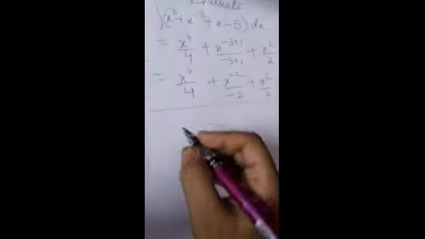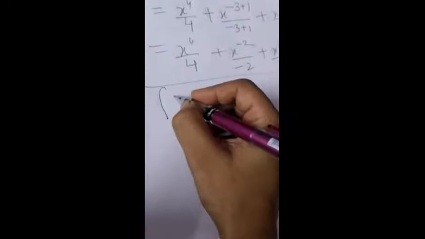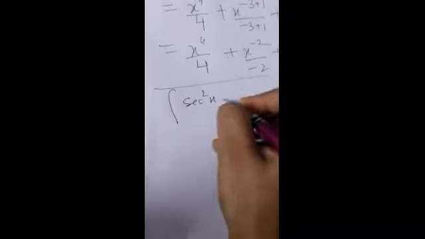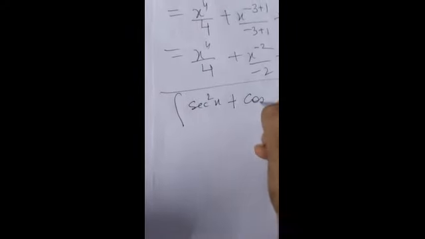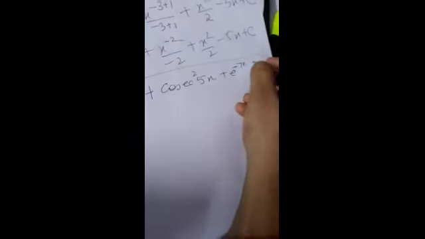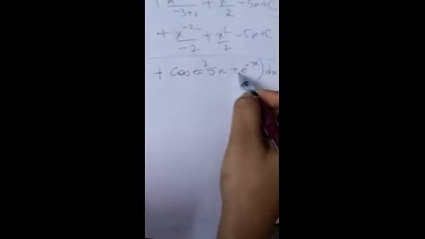is suppose you are having integration secant square x plus cosecant square 5x plus e power -7x dx. So what will be the result? You have to integrate separate terms.